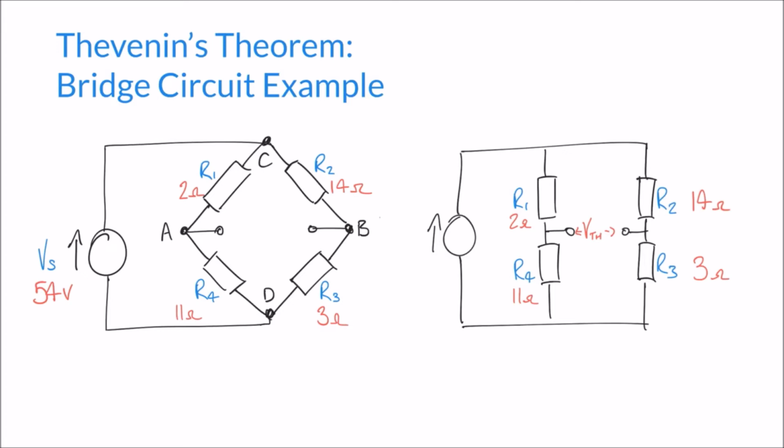So V3, the voltage across R3, is the supply voltage multiplied by a fraction.